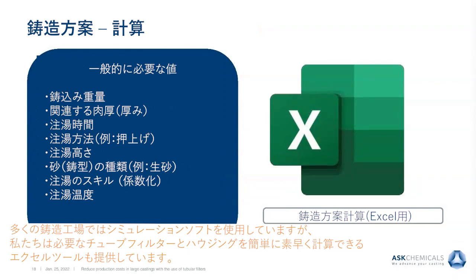A lot of foundries use simulation software for that, but I would shortly mention that we also offer a simple Excel tool for a fast calculation, where some digits, and you see it here on the left-hand side, the weight, the relevant wall thicknesses, pouring time, and so on are included, and you can use it very simply for a first calculation without using big simulation software or something like this.